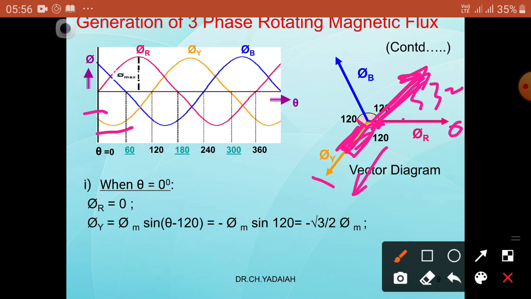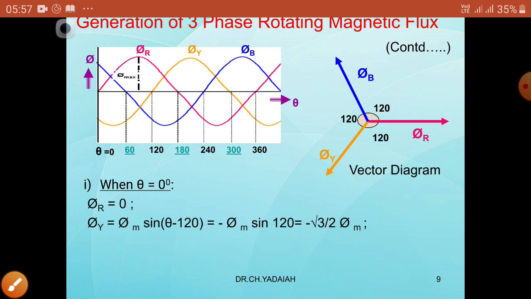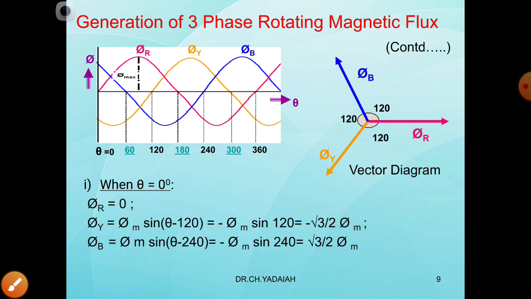So the R phase is 0, and the y phase is equal to root 3 by 2 phi m. Now let us see the B phase. The B phase is also phi m sin theta minus 240 degrees.